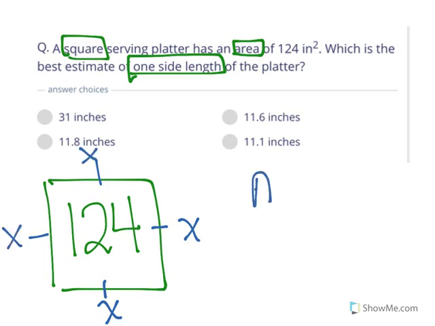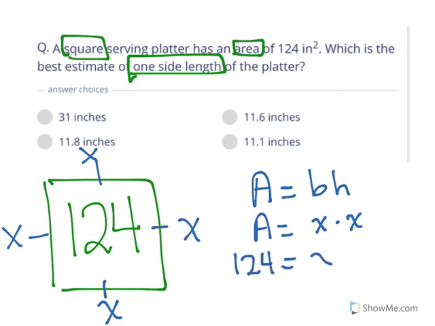For the area of a square, we always say it's base times height. Area is x times x. X is my base, x is my height. Well, I also know in this problem the area is 124. So I'm asking myself, what times itself is 124?